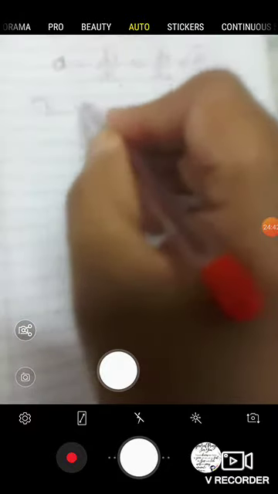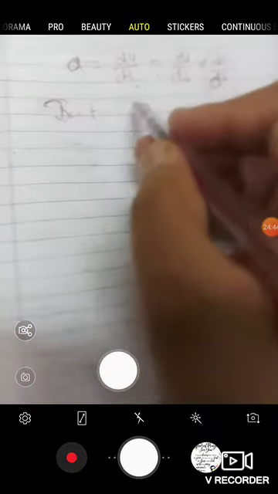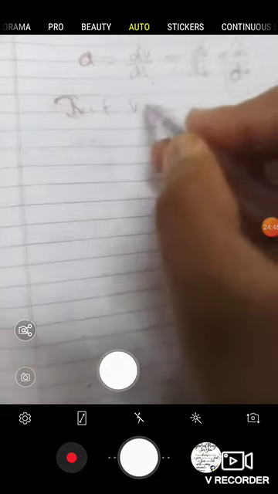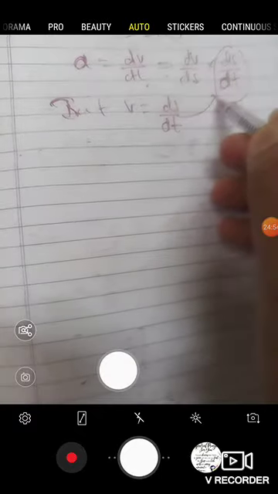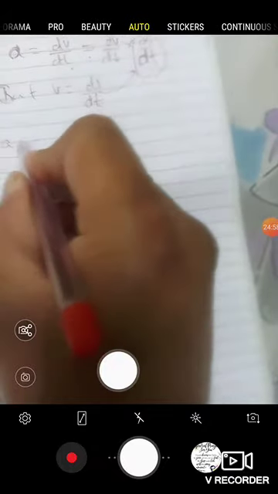We know that v is equal to ds by dt. So I will put this value of v here. So what I will write here now, a is equal to dv by ds, and this will be into v.